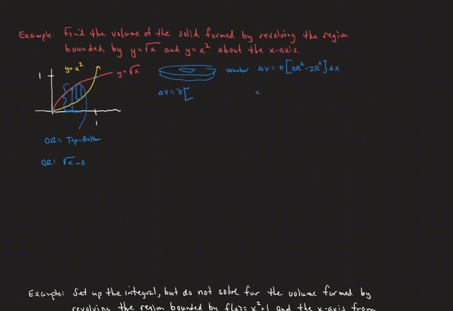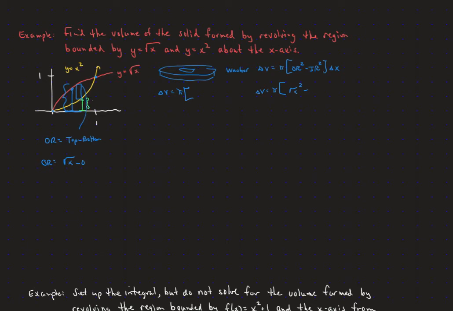So our delta volume is going to be pi times our outside radius squared, which is the square root of x, squared. Now that inside radius, I'll go with the green here. Our inside radius is going to go from the axis of revolution to the edge of the hole.